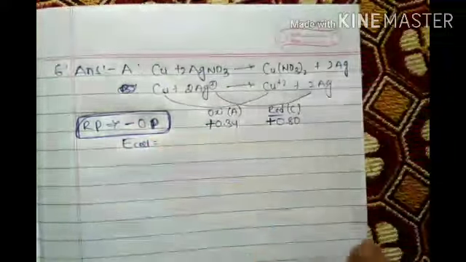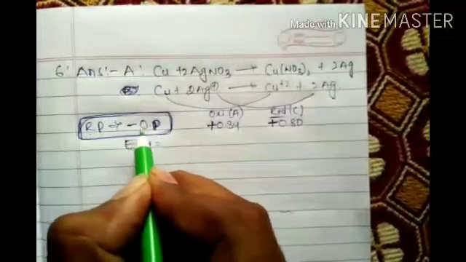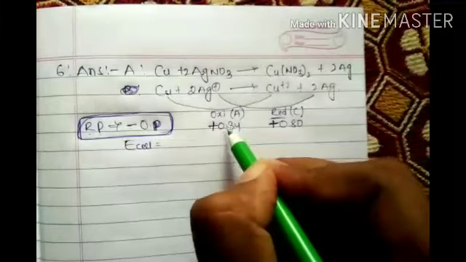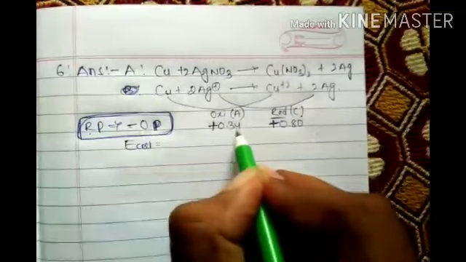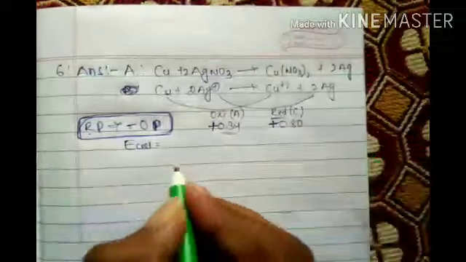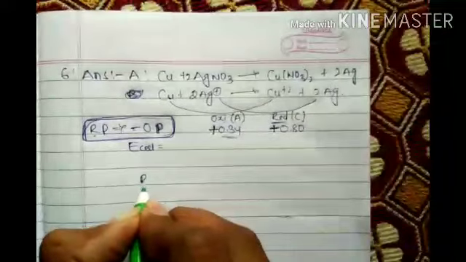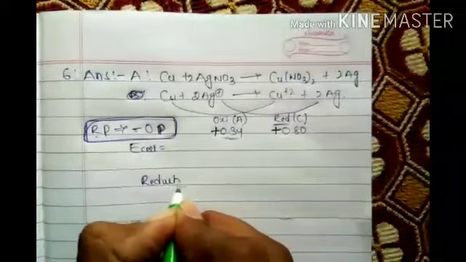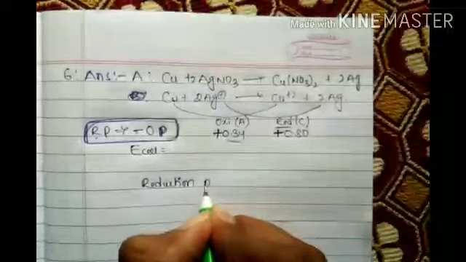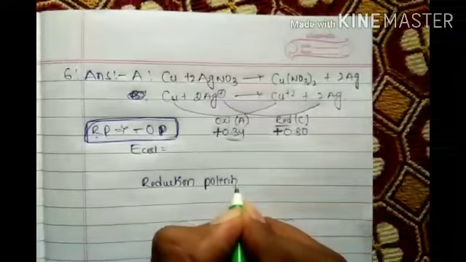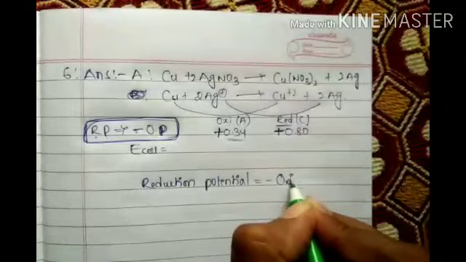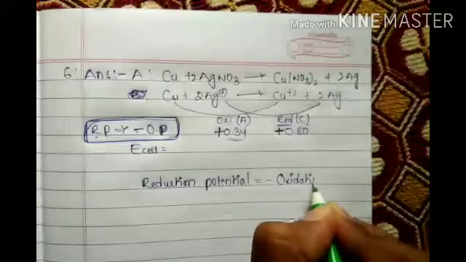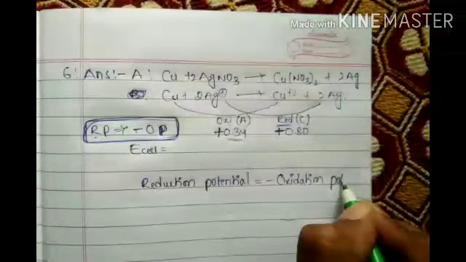Where is oxidation going on? Here oxidation is going on. So I will write it clearly: reduction potential equals minus oxidation potential. Don't confuse.